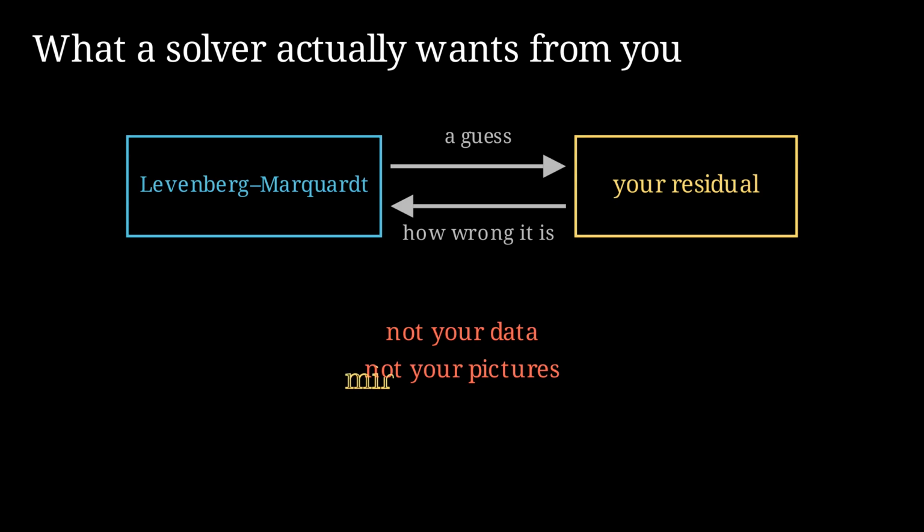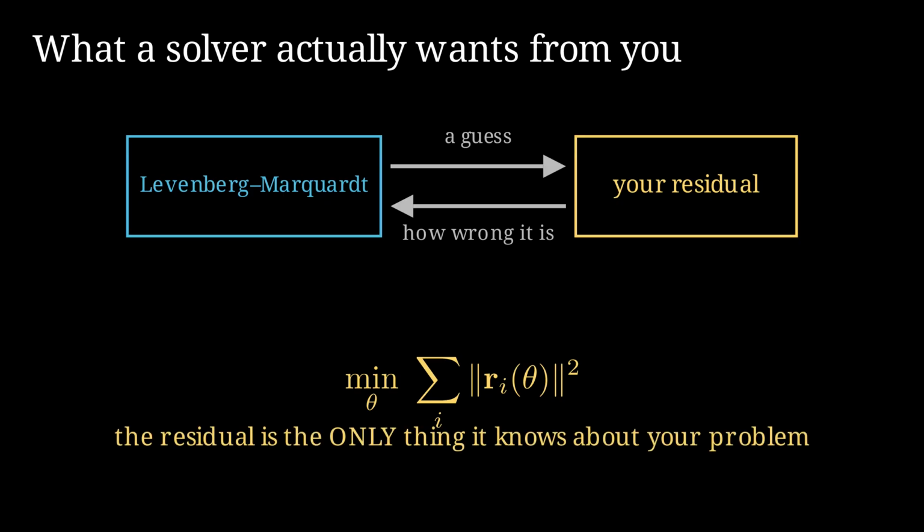It squares those numbers, adds them all up, and rolls downhill until the total stops getting smaller. That's the entire relationship, which means the residual is the only thing the solver knows about your problem. Everything it believes about the world comes through that one function. Remember that. It matters enormously later in this series.